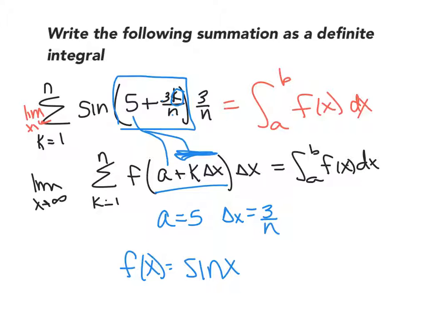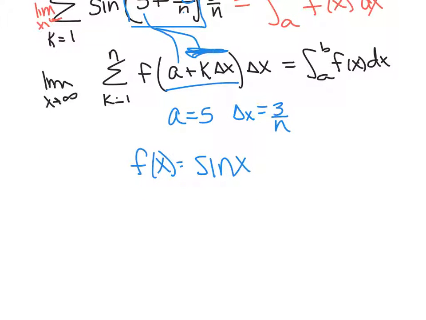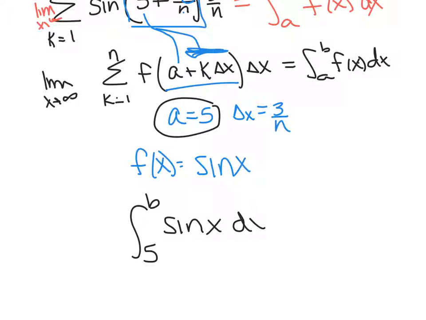So I think I'm about to put this all together. I would say this is the integral from a to b. My a is 5. I don't know my b, so I'm going to leave it as b, of sine of x dx. Now I can easily figure out that b value because I know that my delta x is equal to b minus a over n.